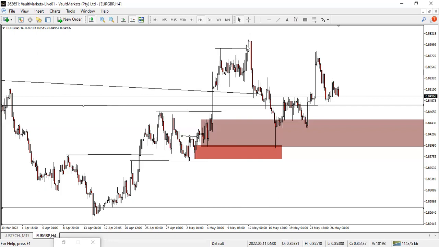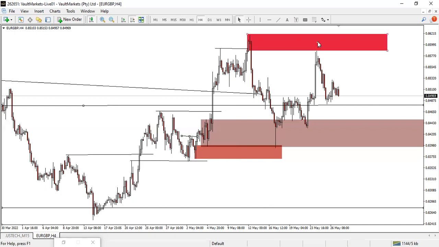So now, since we have the liquidity grab here, what do we then expect? We expect again to have a bullish breaker block up here. We already see that this candle that gave us a stop hunt has already been mitigated here, beautifully so.